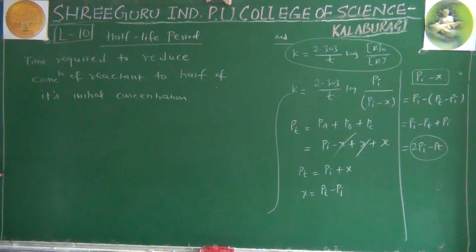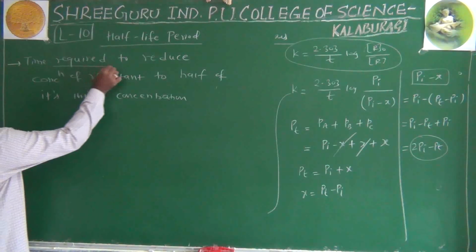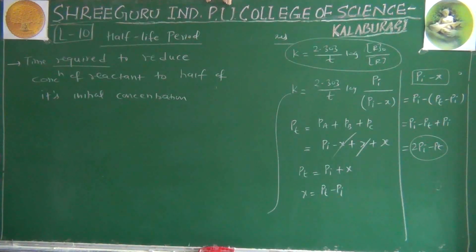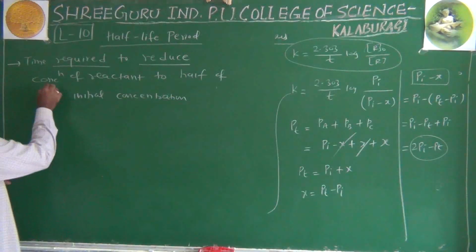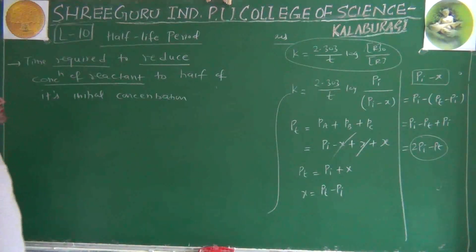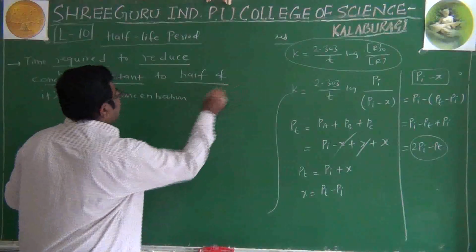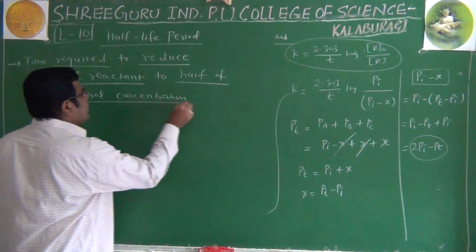This is the definition. It is the time required. Time required for what? Reduce means decrease. What do we have to decrease? Concentration of the reactant. Up to what point do we have to decrease? Half. Half of what? Initial concentration.